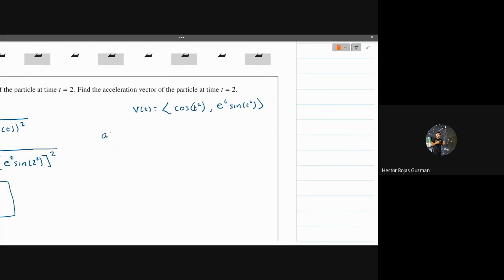So the acceleration vector is negative sine of t squared times 2t, comma. Now we have to use the product rule. It goes the first times the derivative of the second, with the chain rule, plus the second times the derivative of the first.